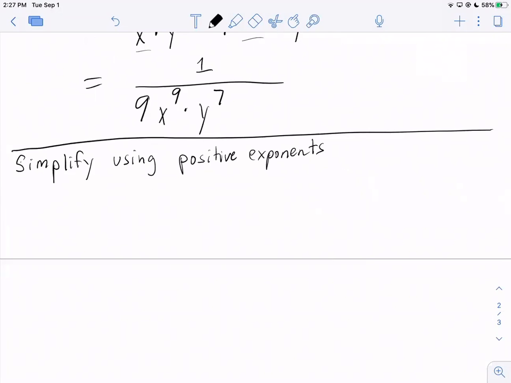Let's say here, 3x to the third all over 3x to the minus 3.